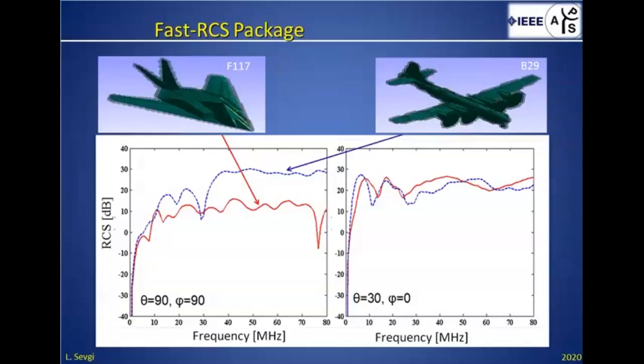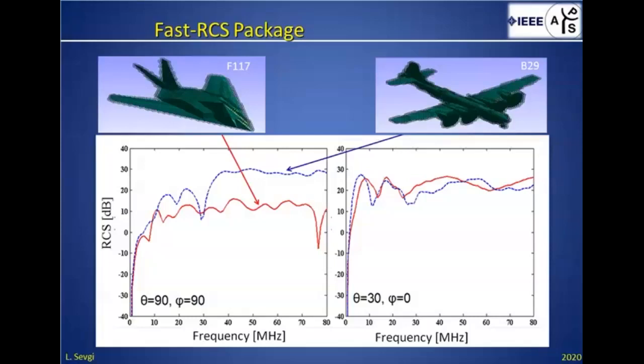The RCS of F-117 is much smaller than B-29. There is almost 20 dB difference between the red curve and blue curve. But on the left, theta is 90 degrees and phi is 90 degrees, which means the radar is coming from the nose of the aircraft.